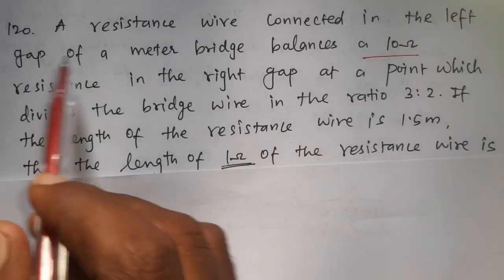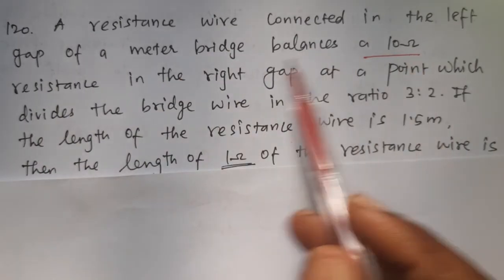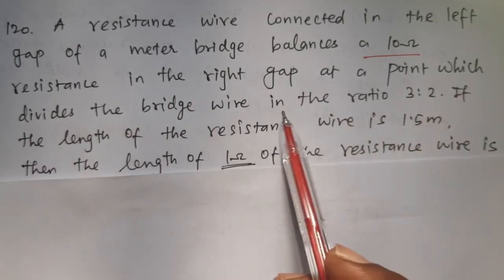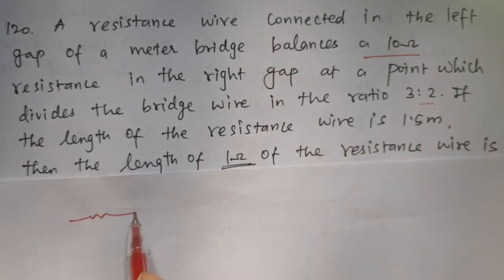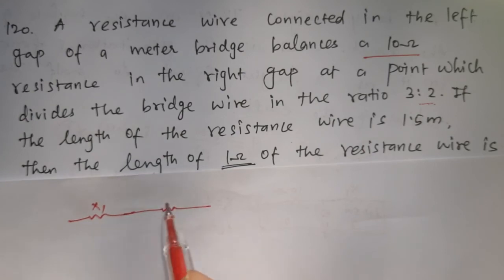Question number 120. A resistance wire connected in the left gap of a meter bridge balances a 10 ohm resistance in the right gap at a point which divides the bridge wire in the ratio 3:2. So in the left gap, let us consider X1 resistance. In the right gap is the 10 ohm resistance according to the question.